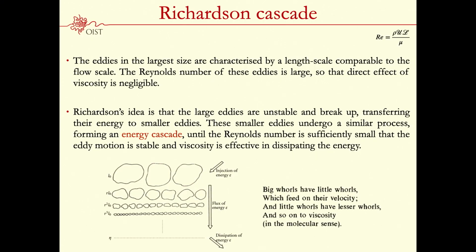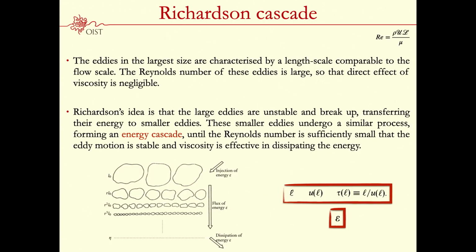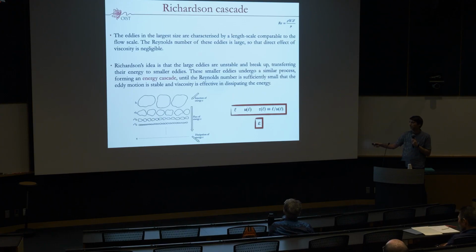So this qualitative picture, well, again, the multiscale comes from the fact that each of these eddies has a different size, L. Each of them will have a different velocity, a different time. So to study turbulence, you need to know for all possible L the velocity, the time, and whatever other variable you have in your problem.